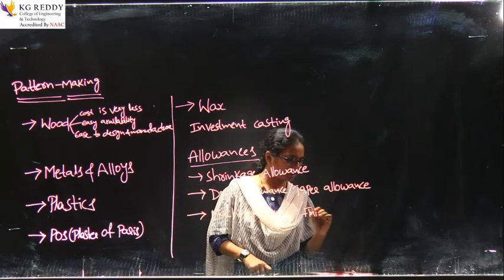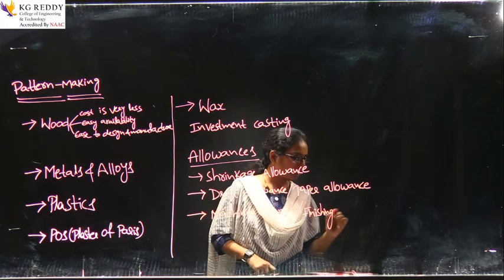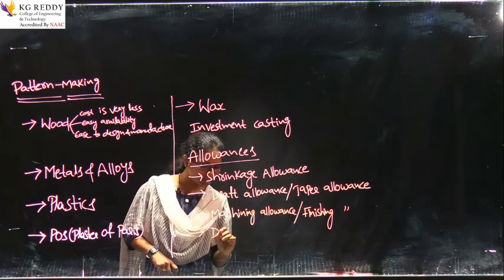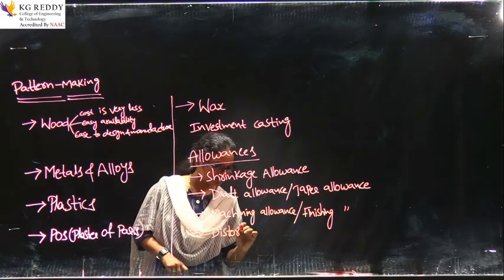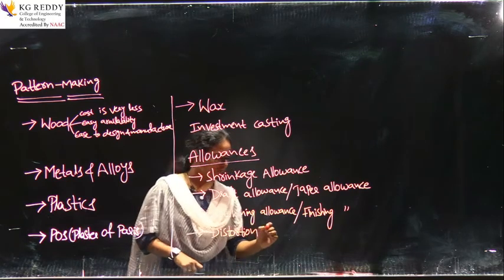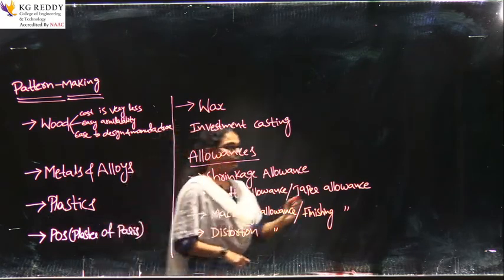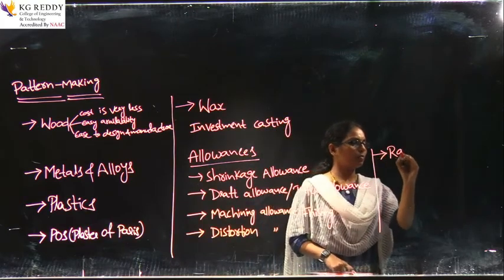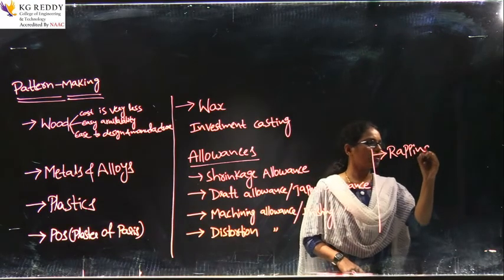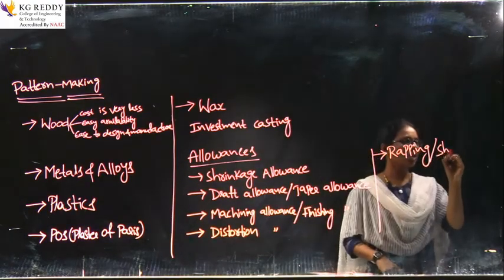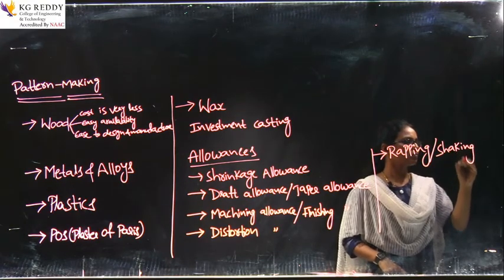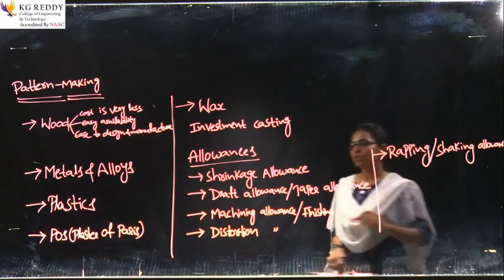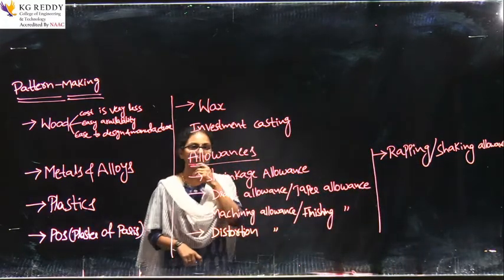This machining allowance is also named finishing allowance. The fourth one is distortion allowance. And the last, fifth one is warping allowance, or we can call it shaking allowance. So, these are the 5 types of allowances.